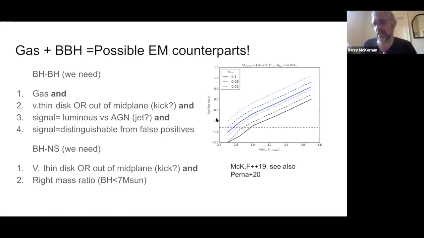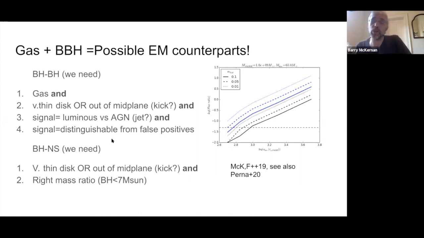So these dashed lines indicate lower luminosity AGN, solid lines, higher luminosity AGN. So basically, it's easier to detect bright things against faint things rather than bright things against bright things. But you already knew that.